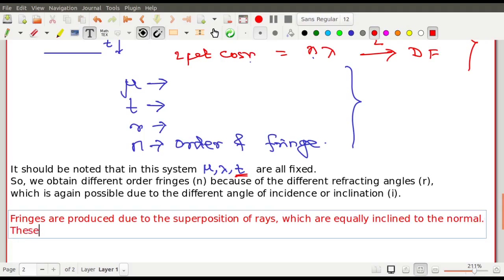These fringes are called fringes of equal inclination, or, after the person who discovered them, Haidinger's fringes.